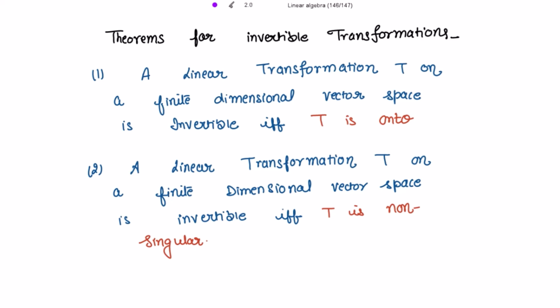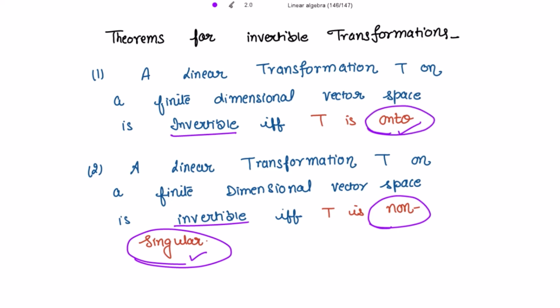Next are the theorems for invertible transformations. A linear transformation T on a finite dimensional vector space is invertible if and only if T is onto. Second, a linear transformation T on a finite dimensional vector space is invertible if and only if T is non-singular. So for a finite dimensional vector space, invertible transformation implies two things: T is non-singular and T is onto.